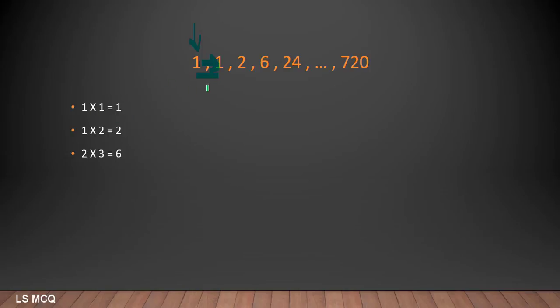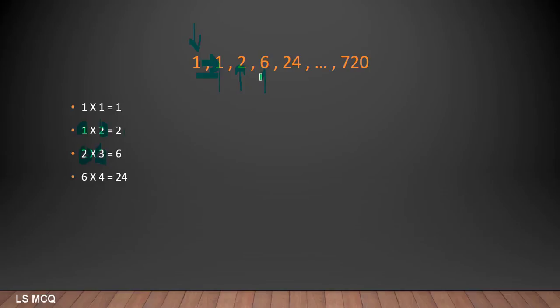Now we multiply the second term by 2, which is 2. Then we multiply the third term by 3. The third term 2 multiplied by 3 is 6.